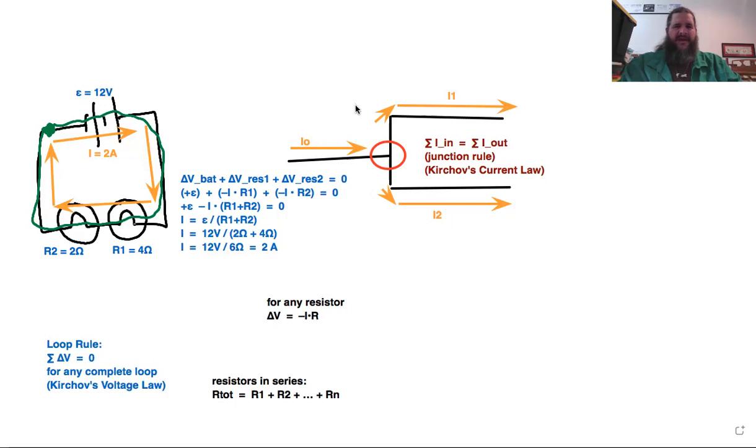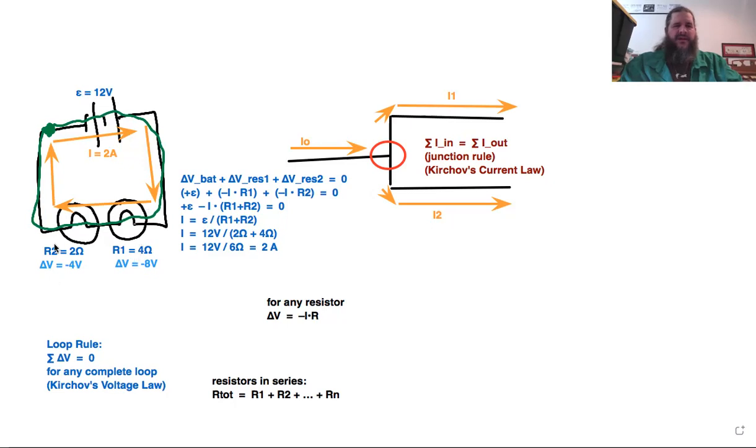So we can multiply that by the resistance, 4 ohms times 2 amps. And also with the negative sign, so that'll be negative 8 volts. In other words, the difference from one end of this light bulb to the other end is a difference of 8 volts. And what about for resistor 2? If you multiply negative current times resistance, what do you get? Negative 4 volts. Yeah, negative 4 volts.